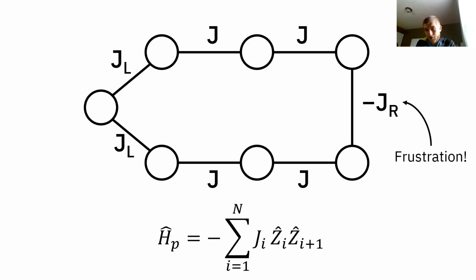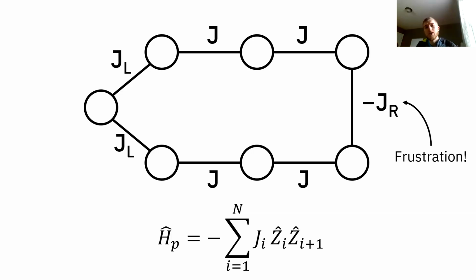The key thing, at least for interpreting the results later, is that if you take a specific combination of these JLs, J's, and JRs, and they satisfy some inequality, then you get the scenario where you have an exponential annealing time using the standard linear interpolation. So that's the key thing. There's an exponentially closing gap, for the experts where that means something to you. So this is just our system, what it looks like.